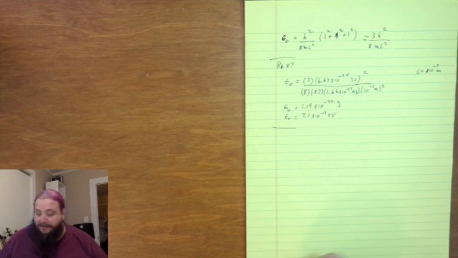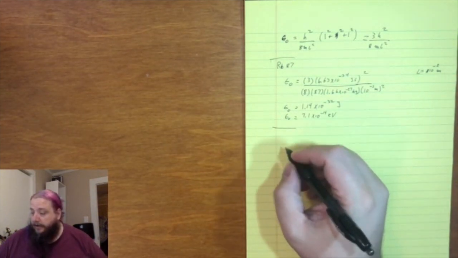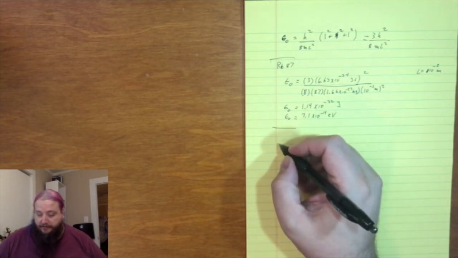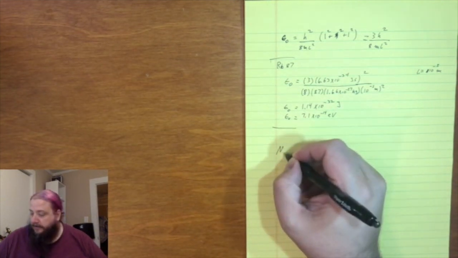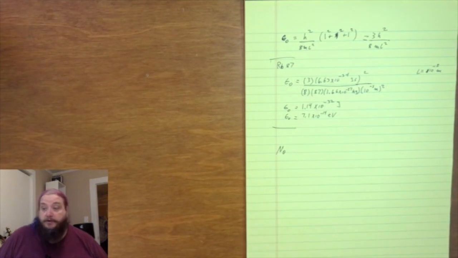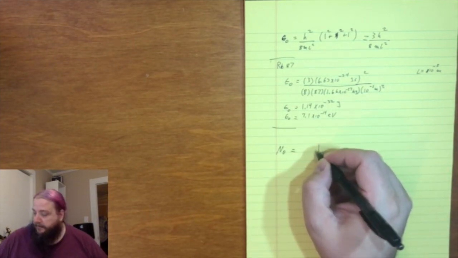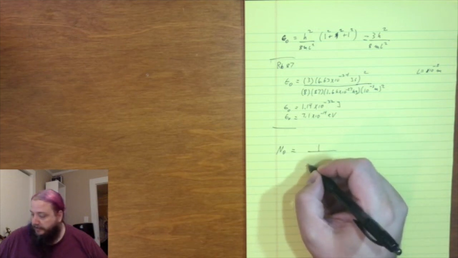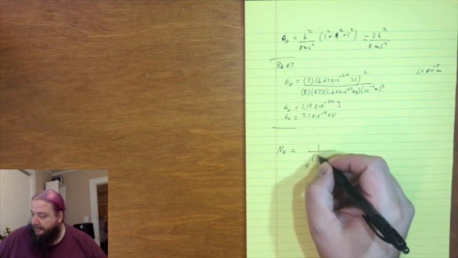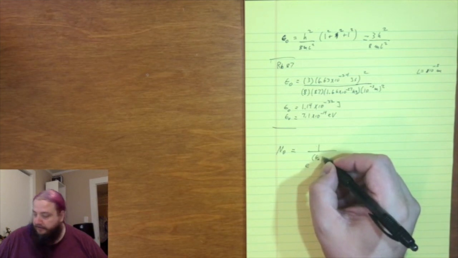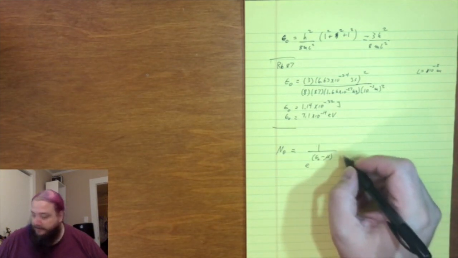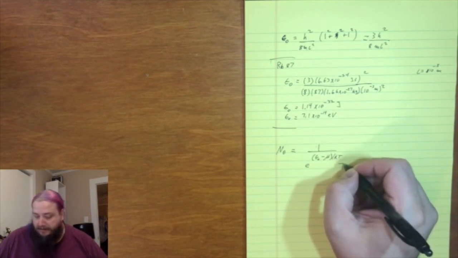If we then plug this into the Bose-Einstein distribution, we can find that the number of particles in that ground state would just be expected to be 1 over e to the energy of the ground state minus whatever the chemical potential is over kT, minus 1.